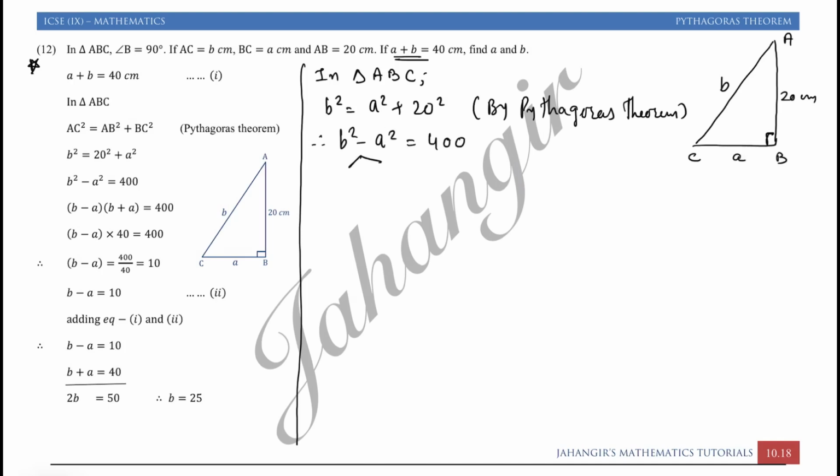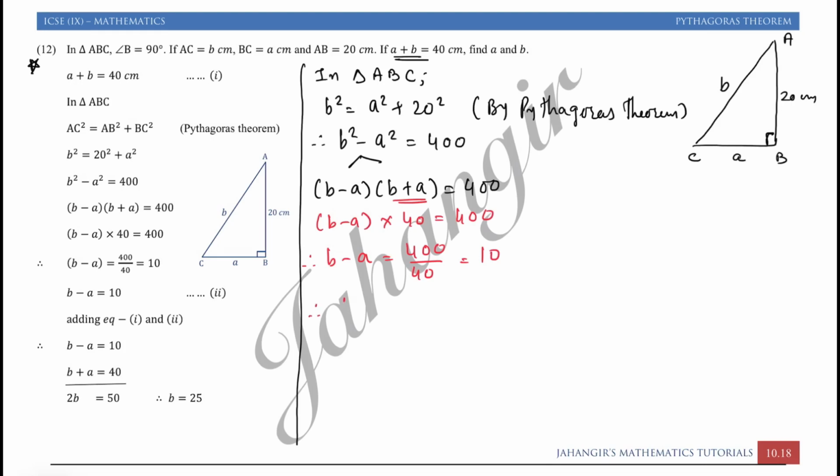So this I can split into B minus A into B plus A is equal to 400, where A plus B is given as 40. So this I can write as 40, B minus A will remain as it is into 40 is equal to 400. So therefore B minus A is equal to 400 divided by 40, that is 10.